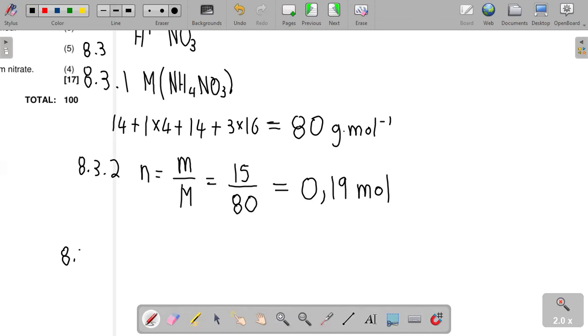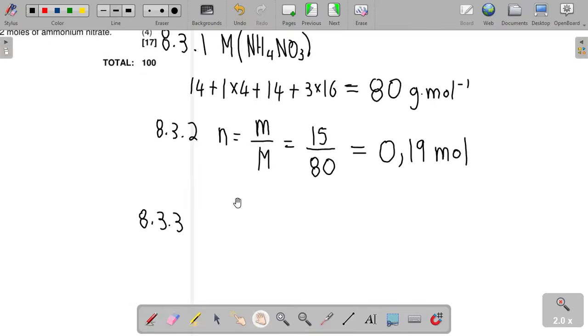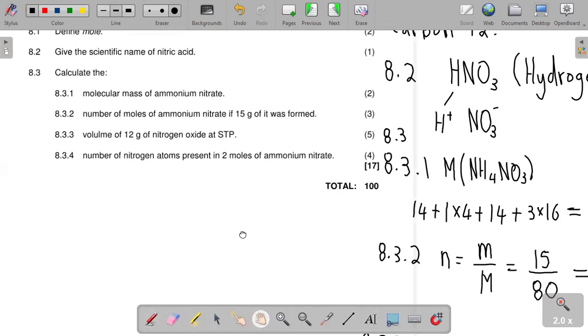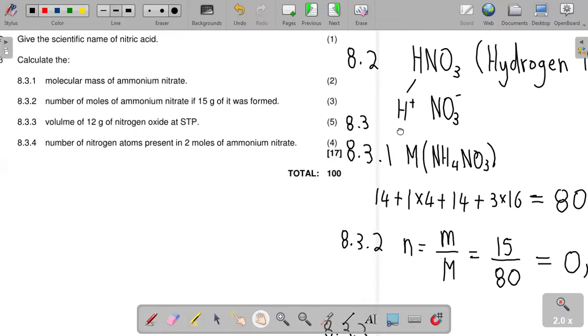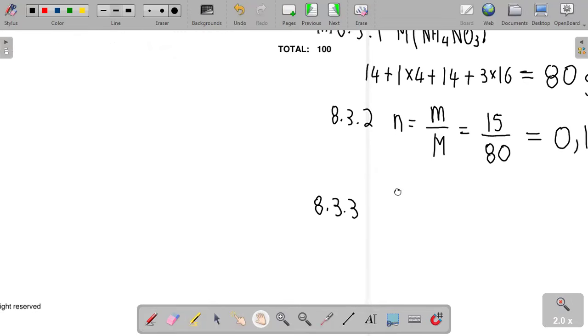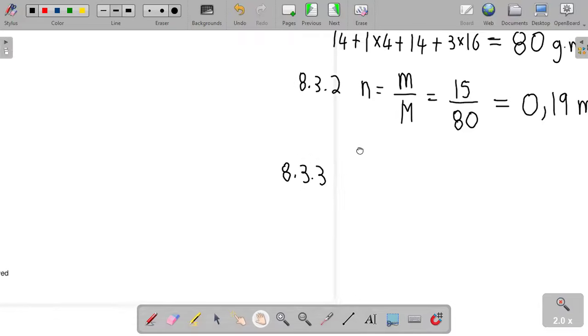8.3.3. The volume of 12 grams of nitrogen oxide at standard temperature and pressure. Okay, so in order to get the volume, what must happen? We must have the number of moles first, isn't it?